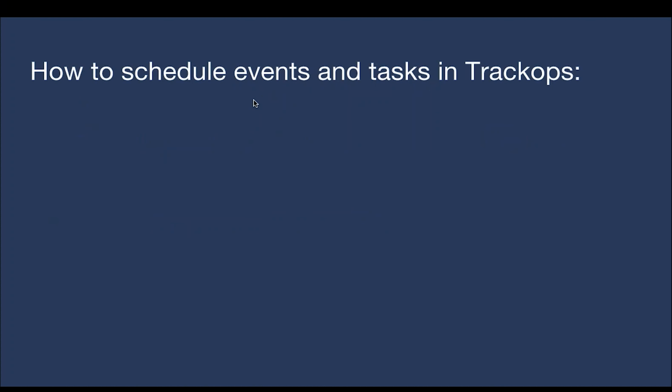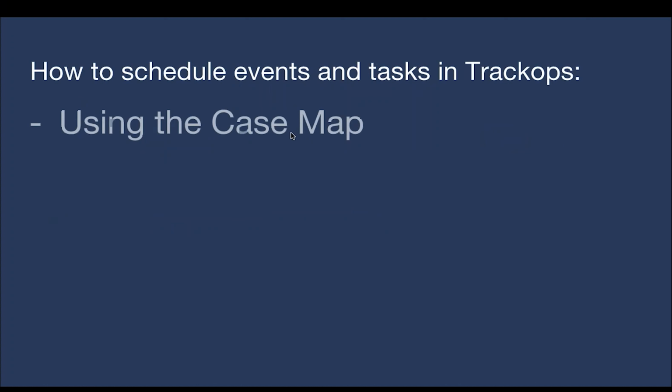So how do you schedule events and tasks in Trackops? We're going to look at 4 different ways today. These are ways that you may already be using, and if not, you're going to find new ways to use Trackops, and that's always exciting. First, we're going to look at using the case map, by far my favorite.